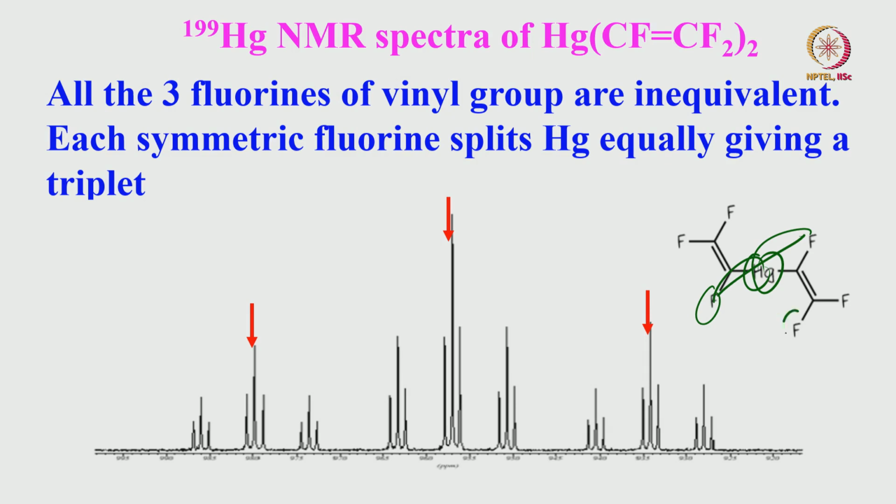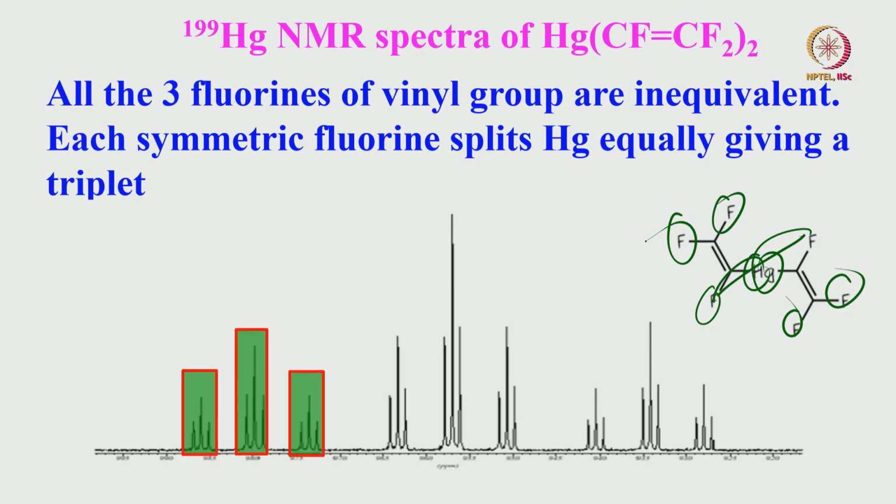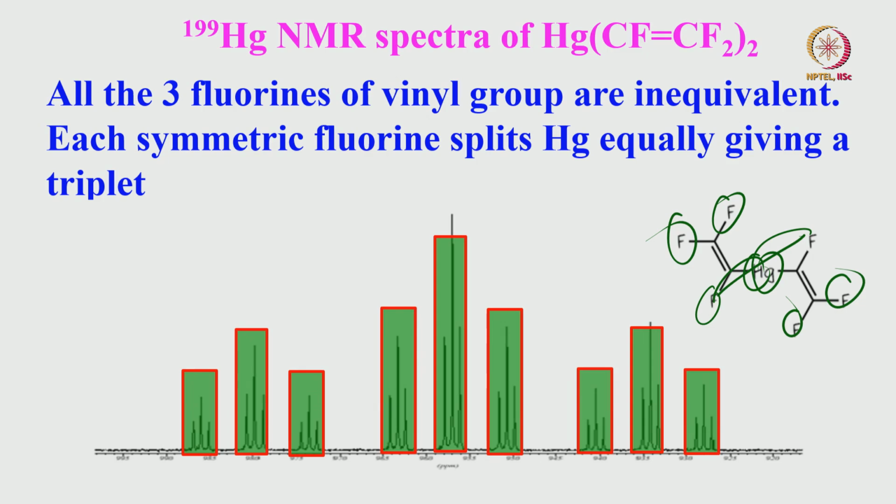Now, these two fluorines will further split each line of the triplet into one triplet, another triplet and another triplet. What happened to the other remaining fluorine? These two fluorines again are equivalent, it will split each line of the triplet into another triplet like this. So, it is triplet of triplets. This is the pattern you are going to see for this realistic molecule.